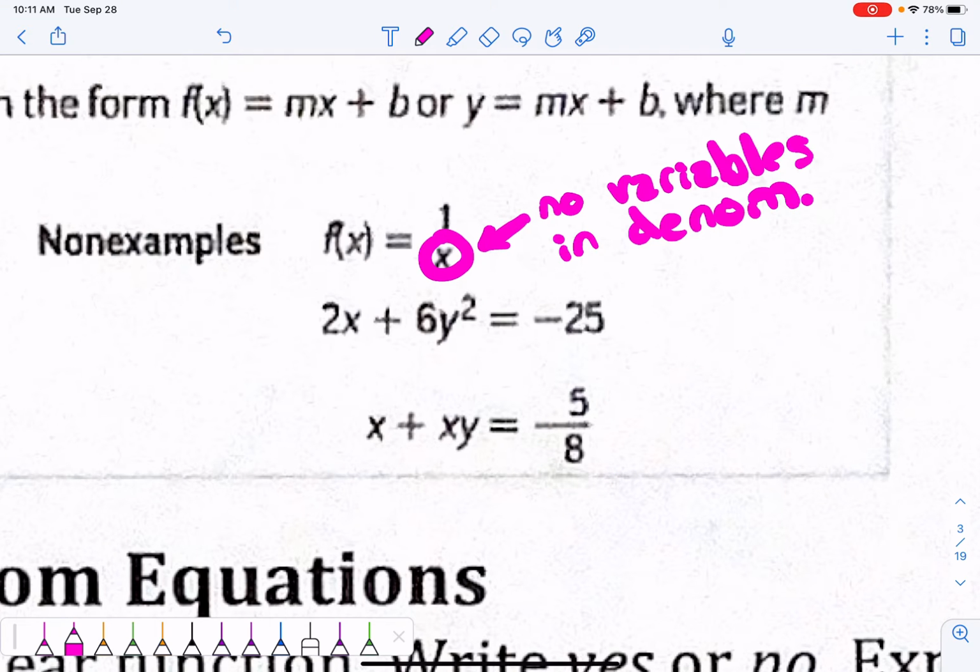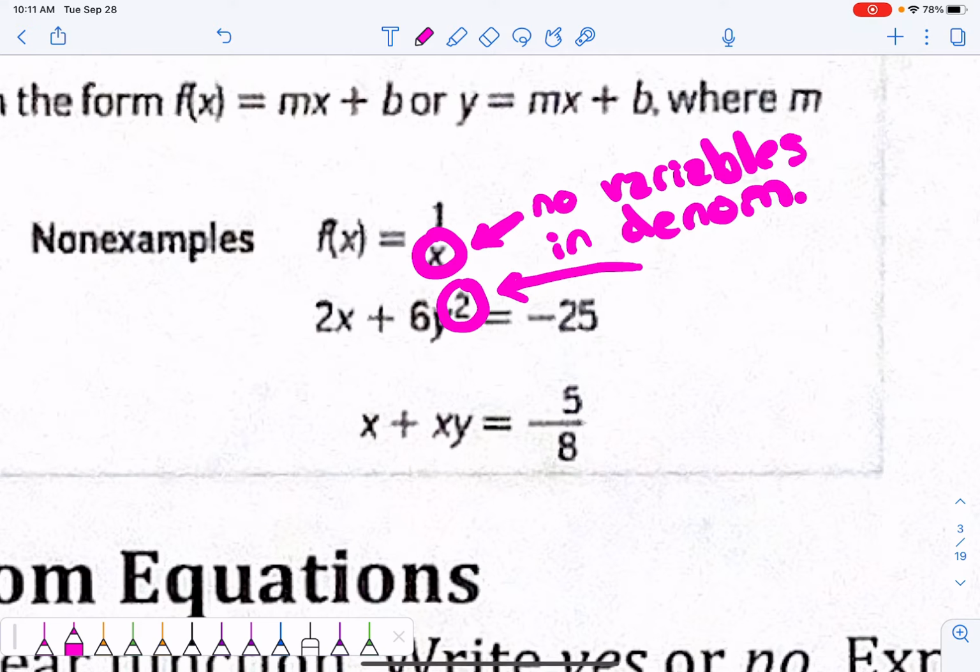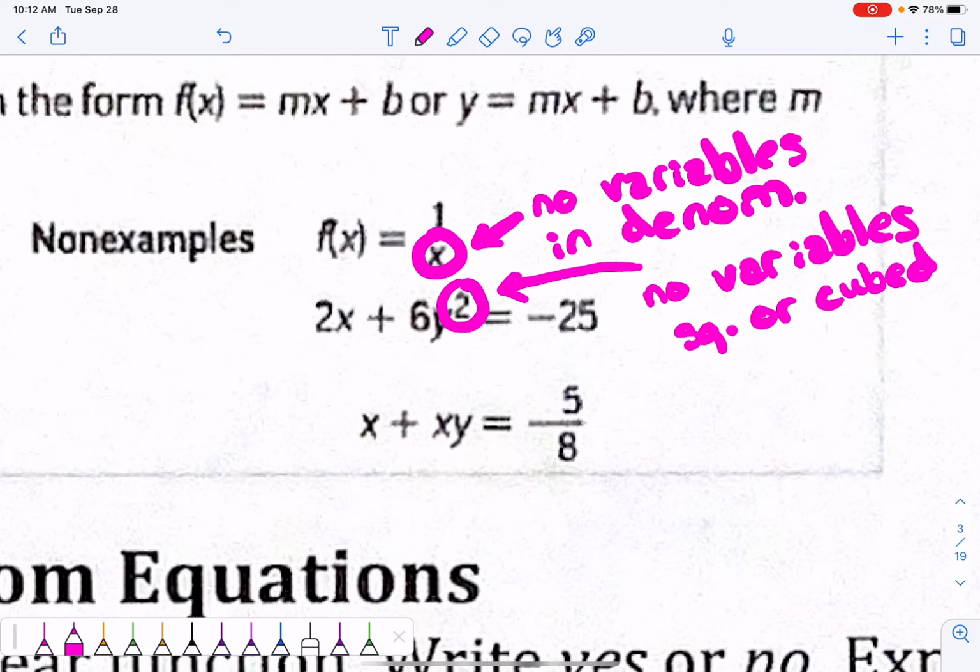This second one, look at him and see why he's not. We can see that we have y squared in there, so no variables squared, or cubed, you could say also, because it could be to the third power, to the fourth power. We don't want any of that happening.